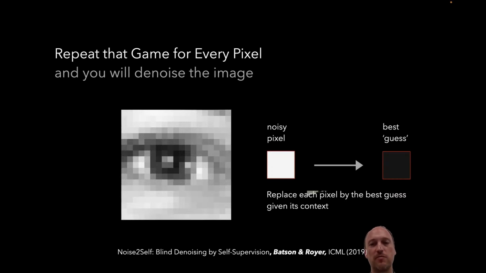And it's a very simple idea, right? It's a simple game. Replace each pixel in the image by the best possible guess of that pixel value on the basis only of the context.